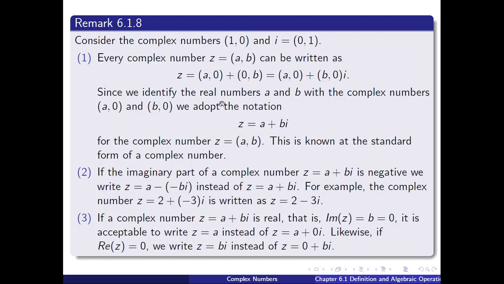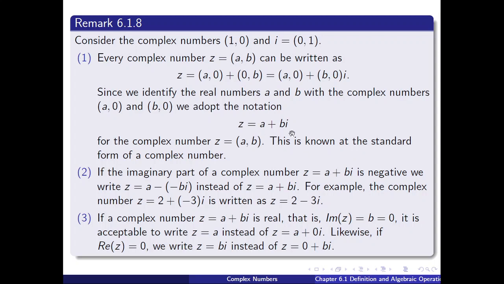Now, since we identify the real numbers a and b with complex numbers (a, 0) and (b, 0), we adopt the notation z equals a plus bi for the complex number z equals (a, b). This is known as the standard form of a complex number.